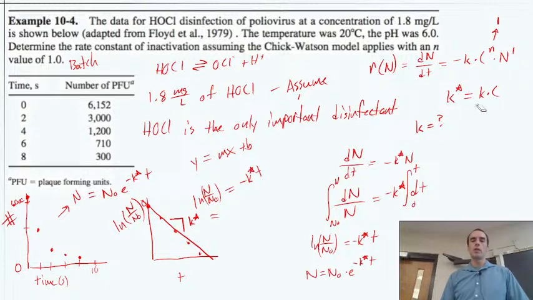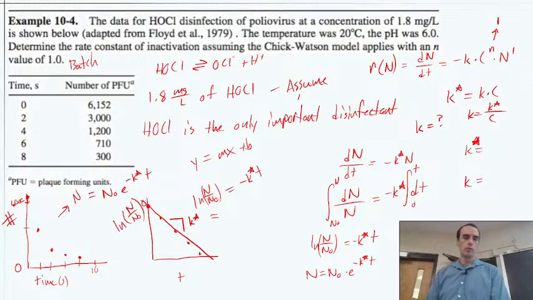So we could rewrite this to say k is equal to k star divided by the concentration. We'll put in our answers here in a moment to get the answers for the equation.